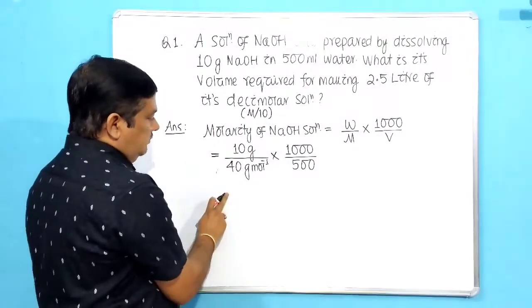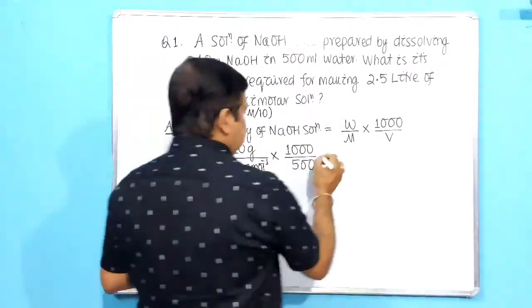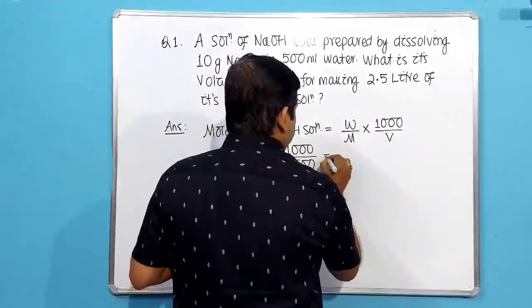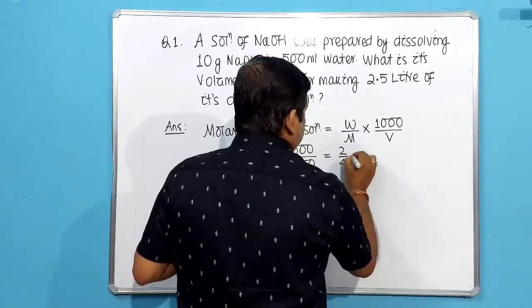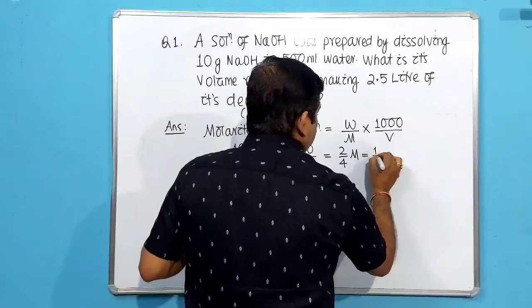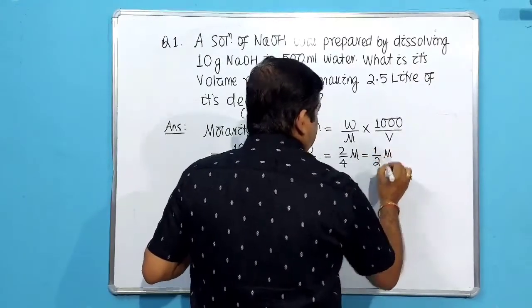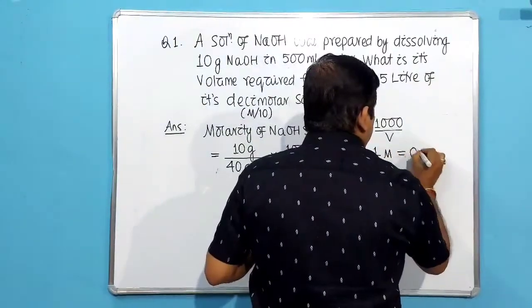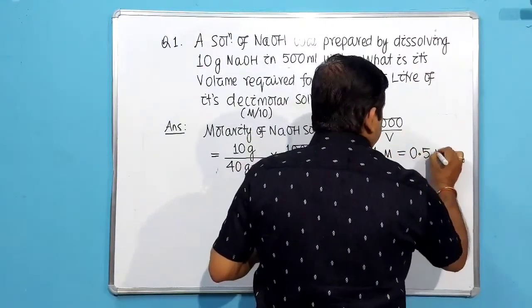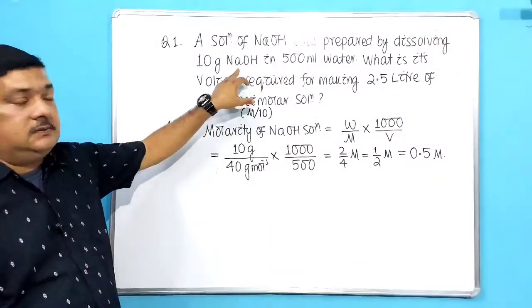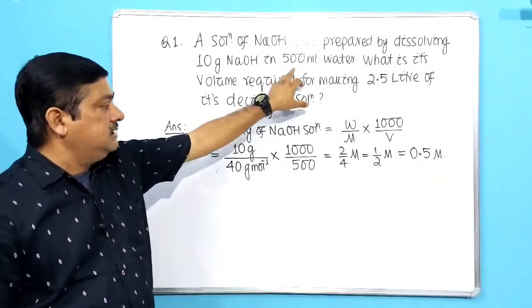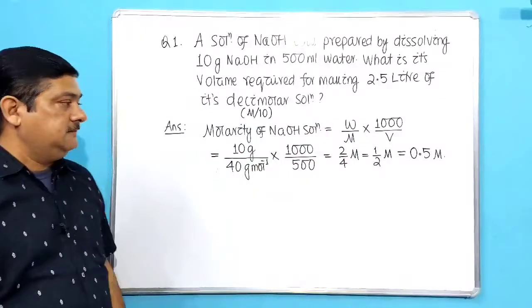It will be 1 by 4 into 2, that means 2 by 4 molar, that means 1 by 2 molar, that is 0.5 M. So the molarity of the first solution, prepared by dissolving sodium hydroxide in 500 milliliter water, is 0.5 molar.